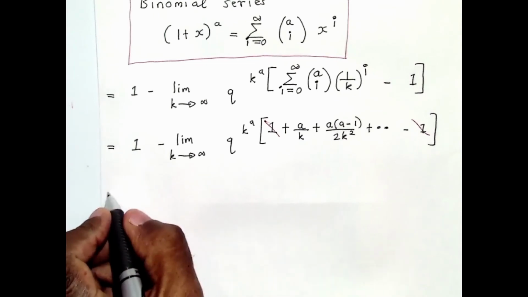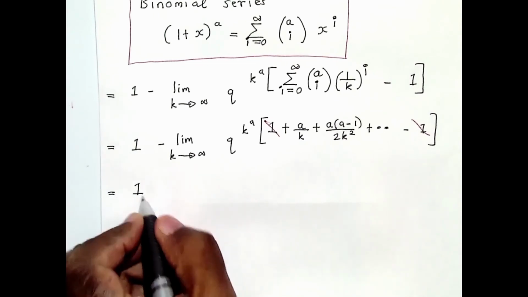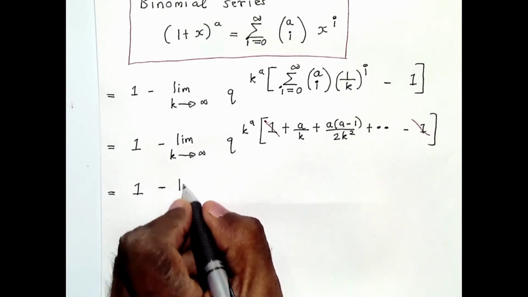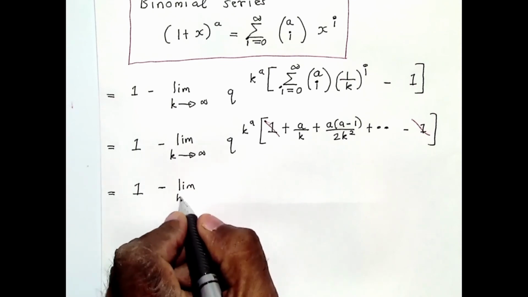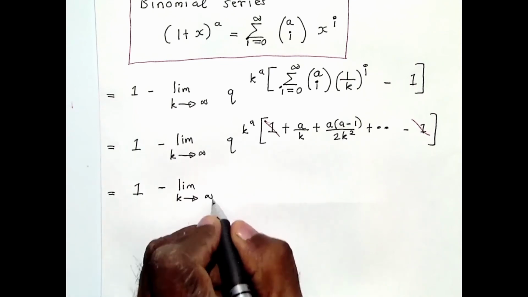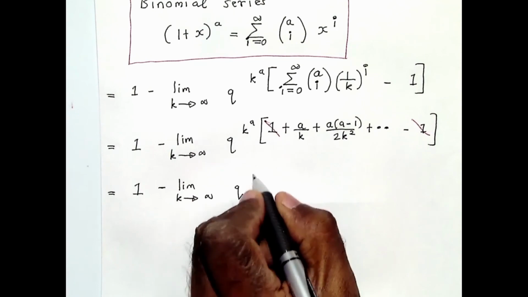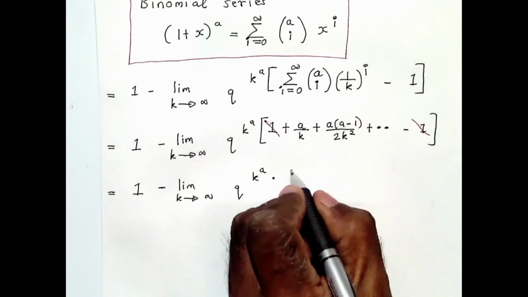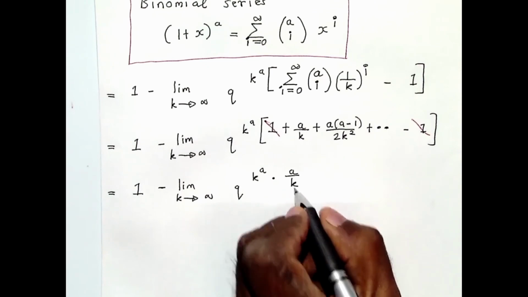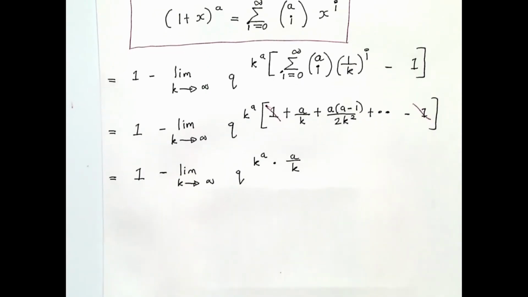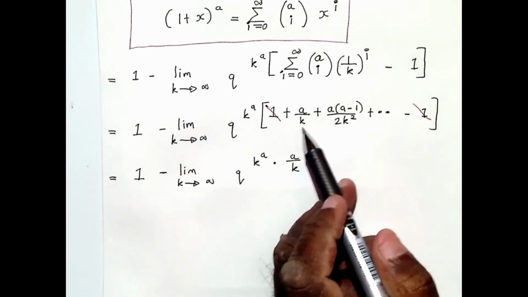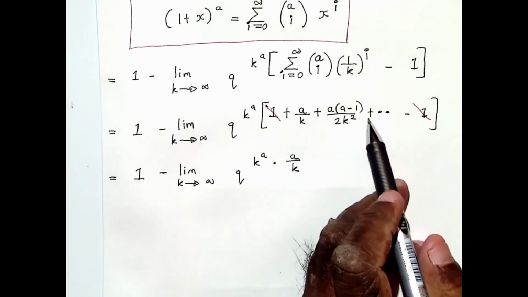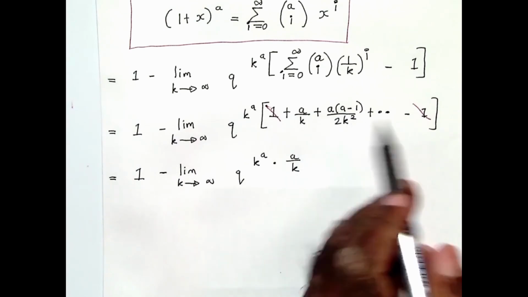So what I'm saying is the following, that you can write this as the limit, 1 minus the limit of k approaches infinity of q multiplied by this only, because as I just explained, this term is a lot smaller than this, and all the subsequent terms are going to be a lot smaller.